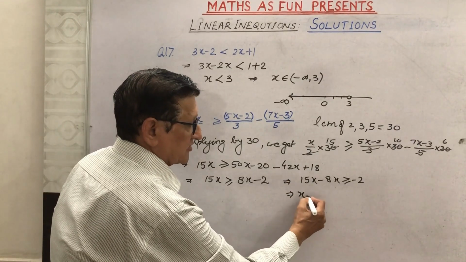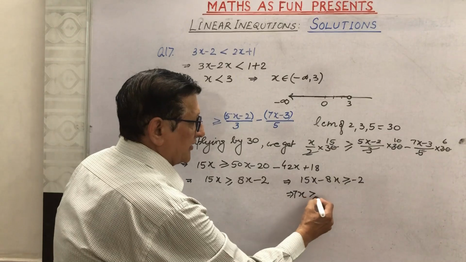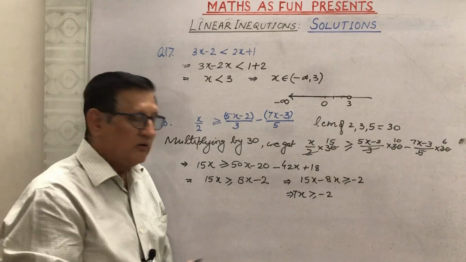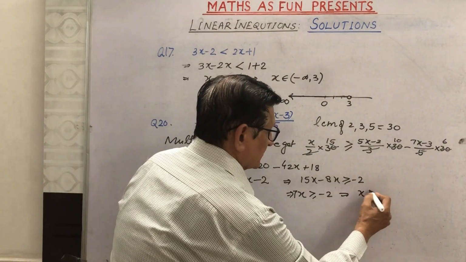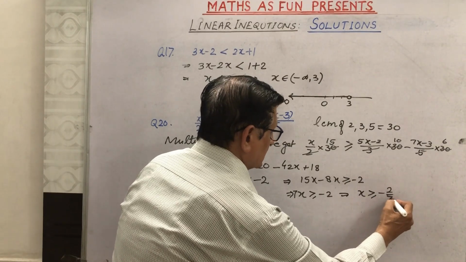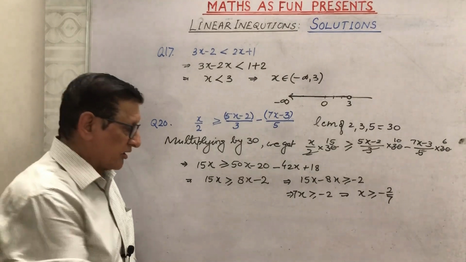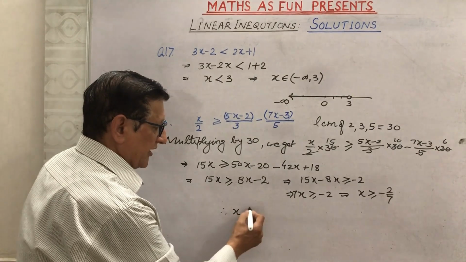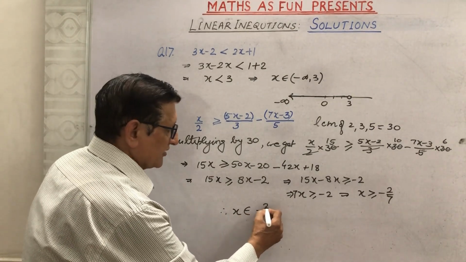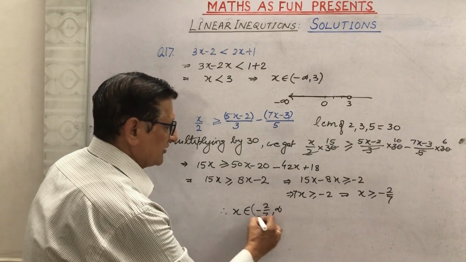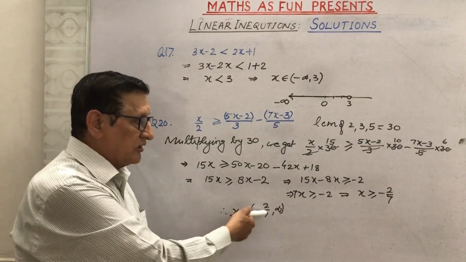It means 7x is greater than or equal to minus 2, which gives us the solution x is greater than or equal to minus 2 by 7. We can write the solution here: x belongs to minus 2 by 7 to infinity, that is in the interval form.